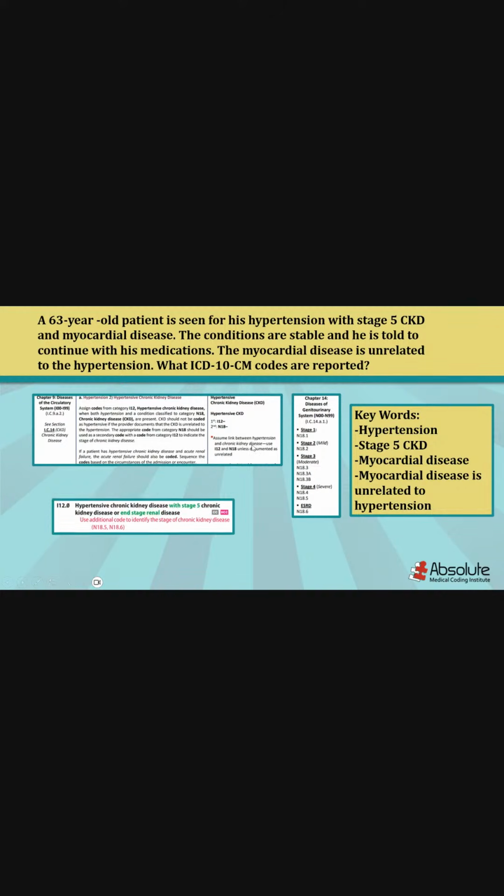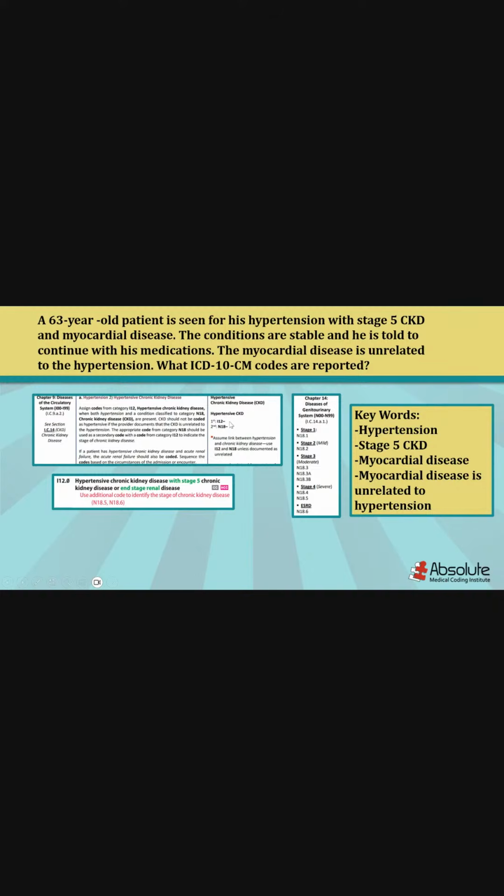So our first code, we're going back to the category from I-12. We're going to land on I-12.0, which is hypertensive chronic kidney disease with stage 5 chronic kidney disease or end stage renal disease. And it says right here, under here, use additional code to identify the stage of chronic kidney disease. So it says to use code N18.5 or N18.6.